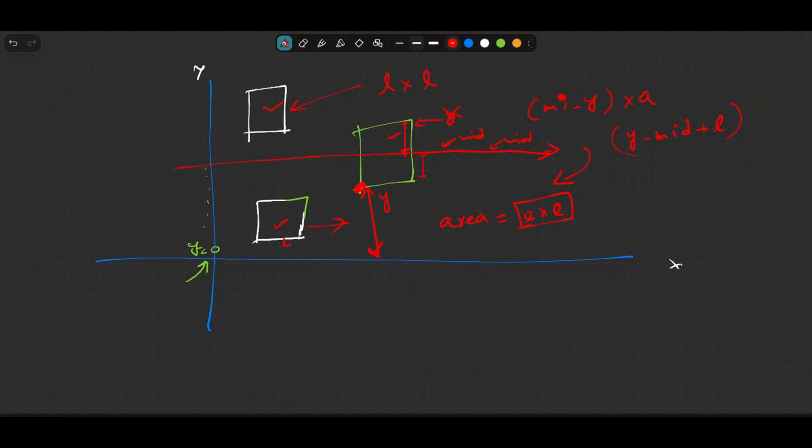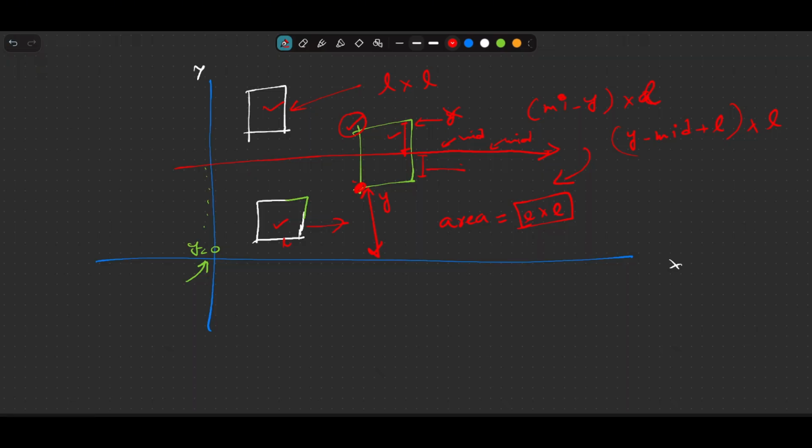Then we increment it by l to get this point. Then we reduce it by mid. So we will finally get this particular length. This length multiplied by this length, which is basically l, gives us this particular area, nothing but into l.